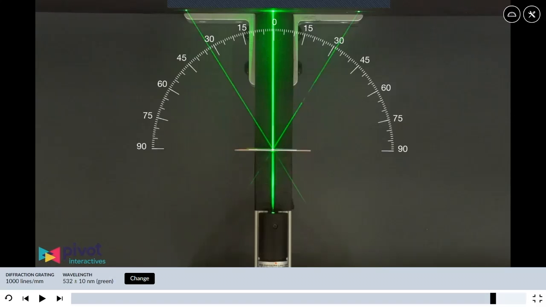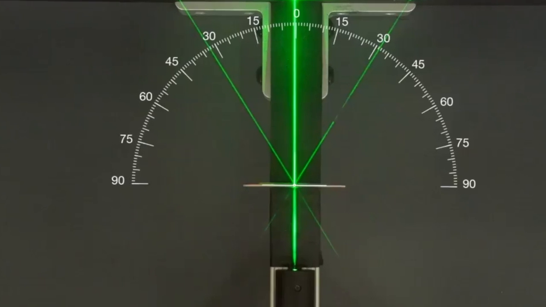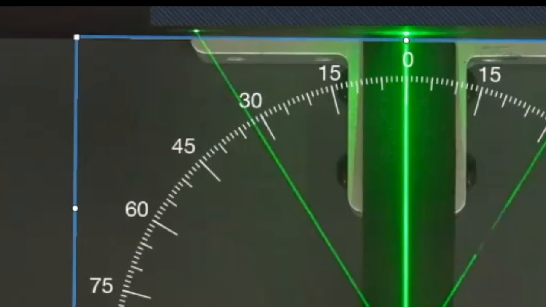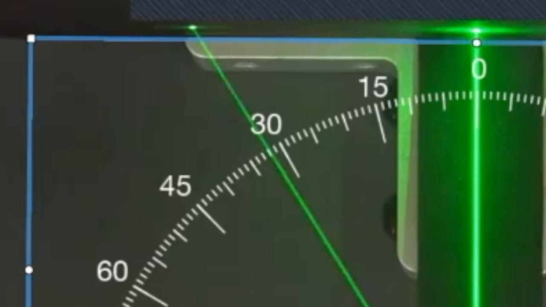And the smallest tick mark along the edge of the protractor represents 1 degree intervals. So if we want to measure the angle for the first order maxima for the green laser light, we can see that it measures 32 degrees. So around 32 degrees.